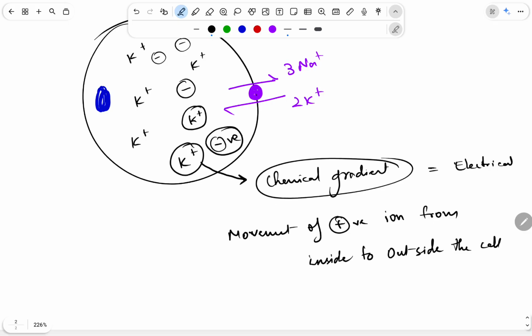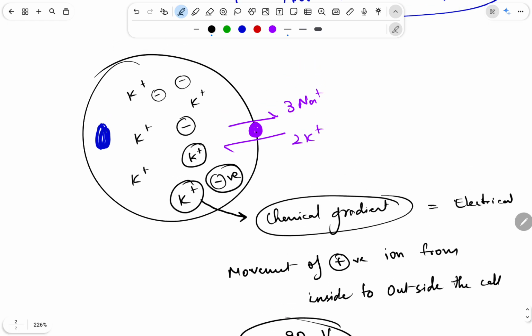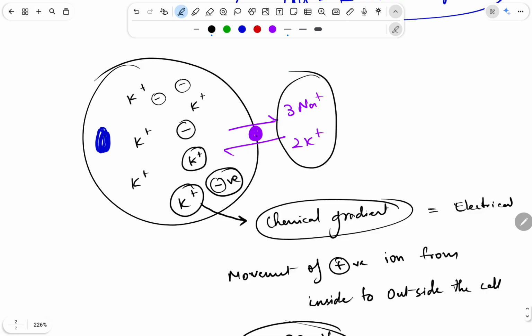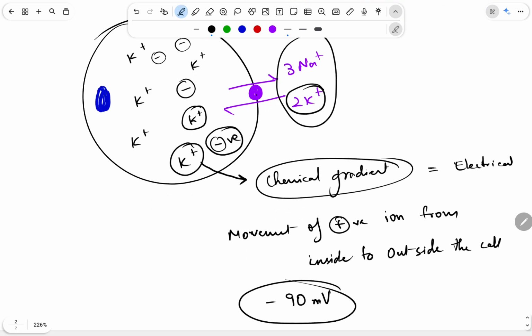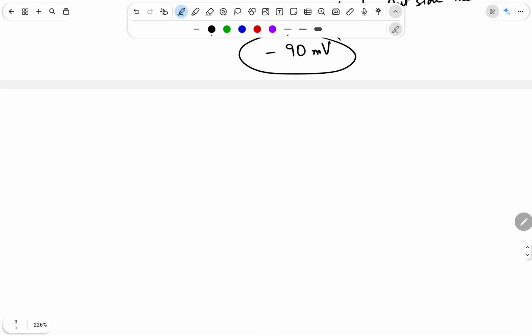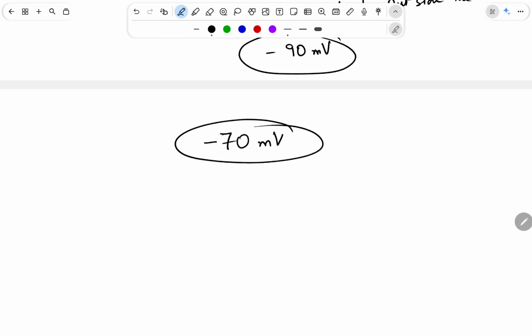They will settle at around minus 90 initially, if there is only movement of potassium. But there is also redistribution and the action of sodium potassium ATPase pump. This will lead to pumping back of this potassium inside. So all of this taken into account, it will settle at minus 70 millivolts. That is the resting membrane potential.